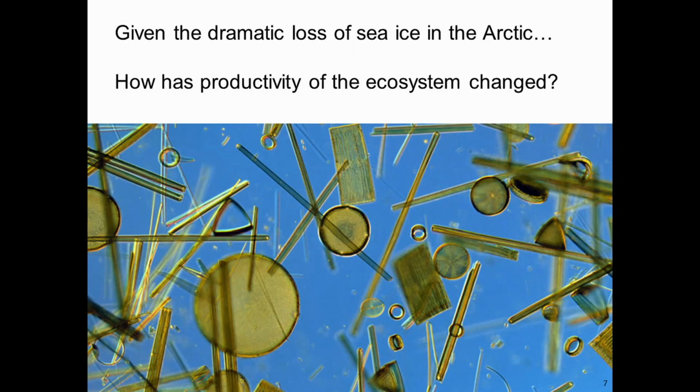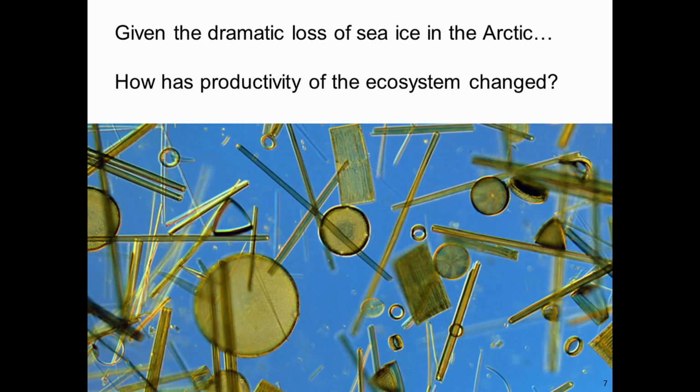I'm a biologist. Ice isn't my primary interest. What I'm really interested in is the productivity of the ocean. So what I would really like to know is, given the fact that all this ice is disappearing from the Arctic, how is that affecting the ecosystems there? What I study myself is the base of the ecosystem. It's these guys here. These are called diatoms. They're tiny little plants.